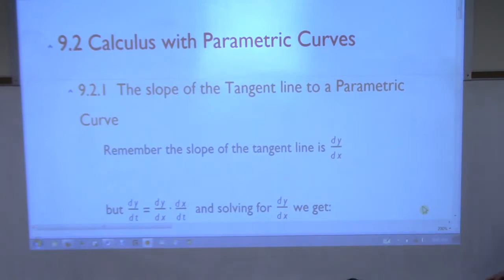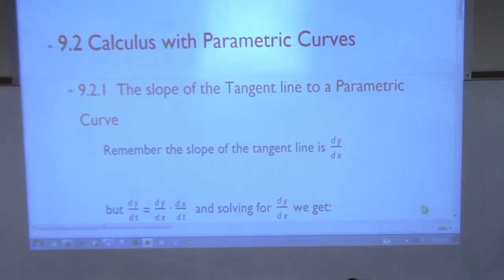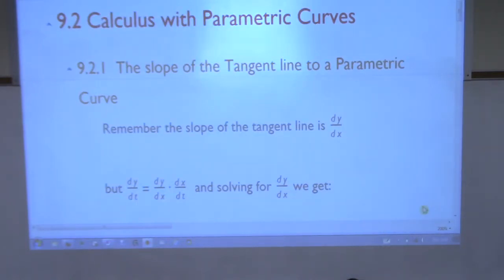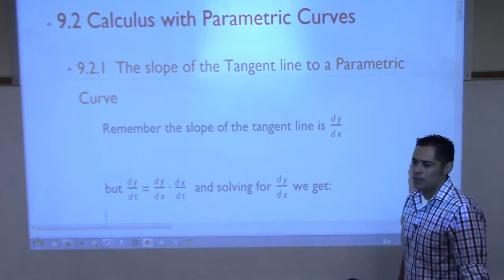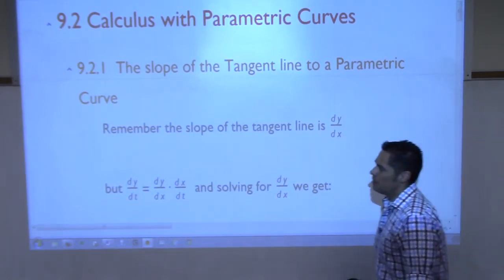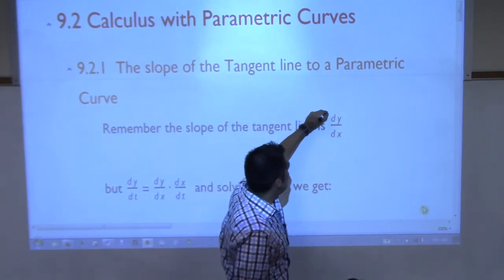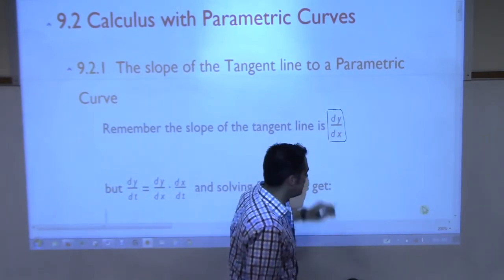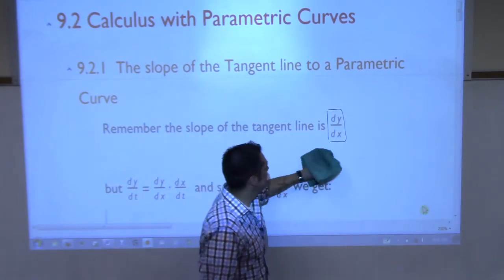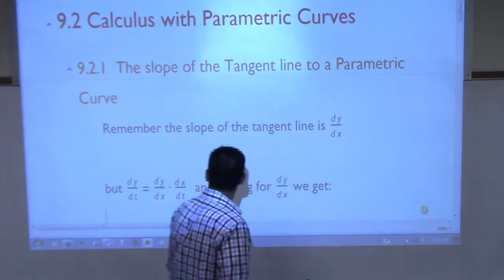Okay, moving on. Calculus with parametric curves. Everyone have a 9.2 in front of them? The slope of the tangent line to a parametric curve. We remember that in general, in Cal 1, the slope of the tangent line was dy/dx. So I'd like to see if we can come up with a formula for dy/dx.